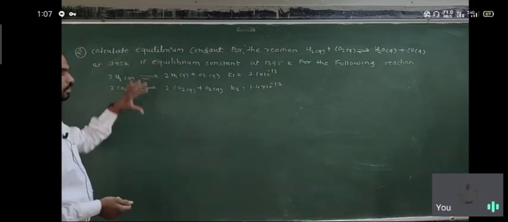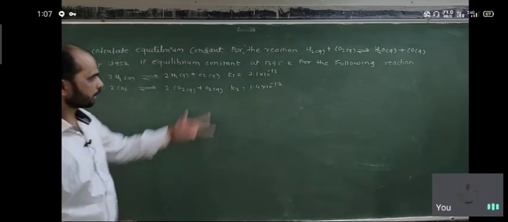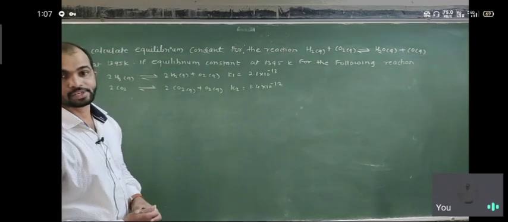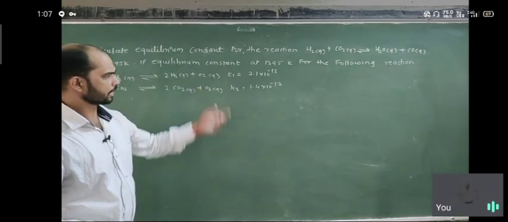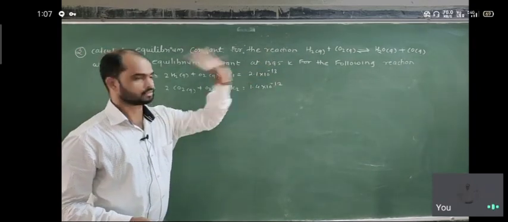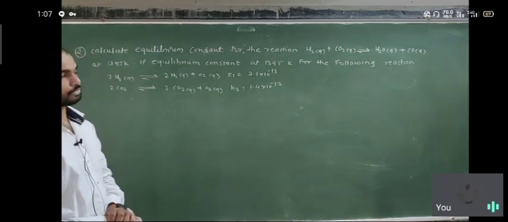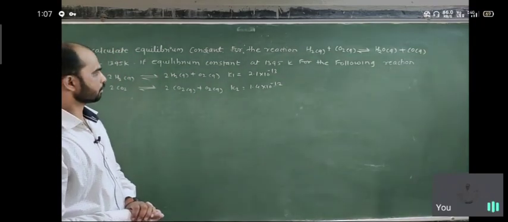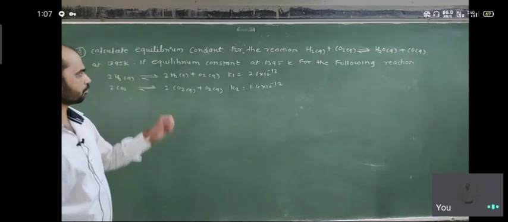So we already have the two reactions given, and the two equilibrium constants, K1 and K2. Using K1 and K2, we can find the equilibrium constant for the first reaction. First of all, we write both the reactions.